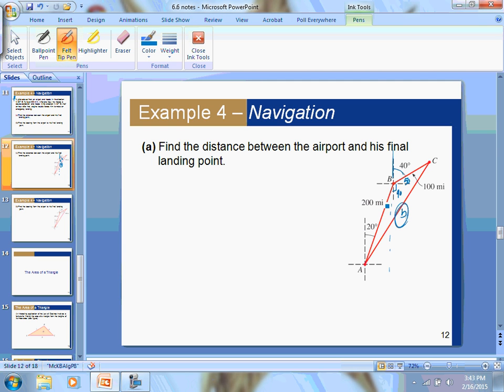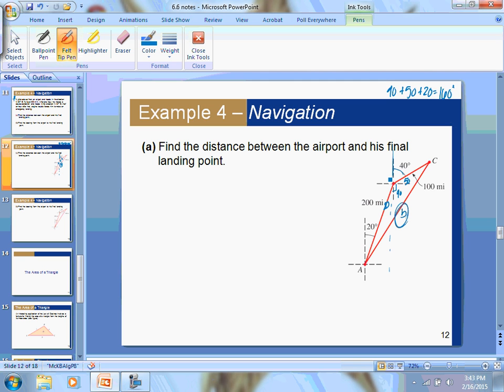So this little sliver in here is going to be 20 because it's congruent to this 20-degree angle out here. So that 90 plus the 50 plus the 20 adds up to 160 degrees. So that's the measurement for angle B.